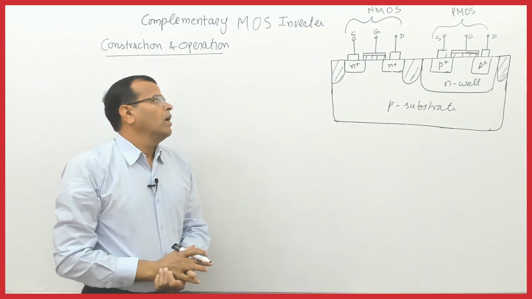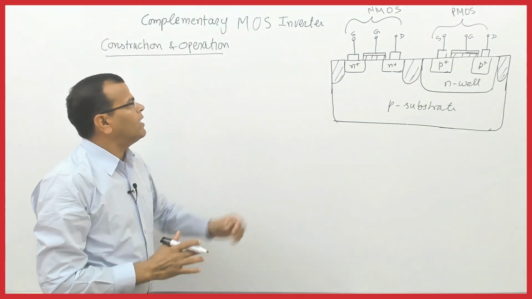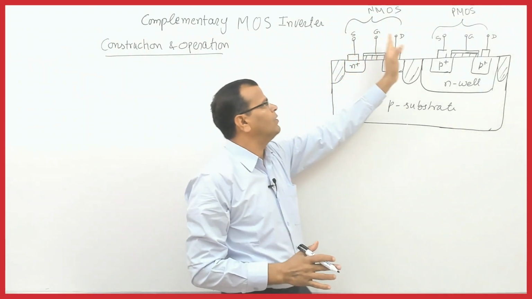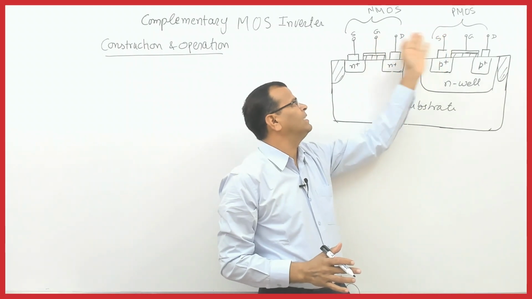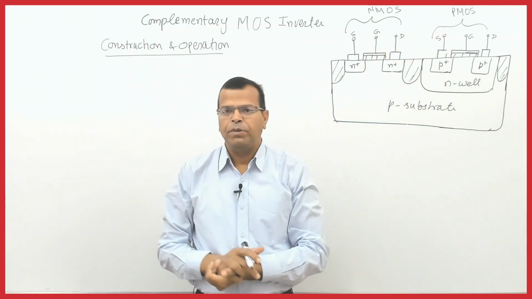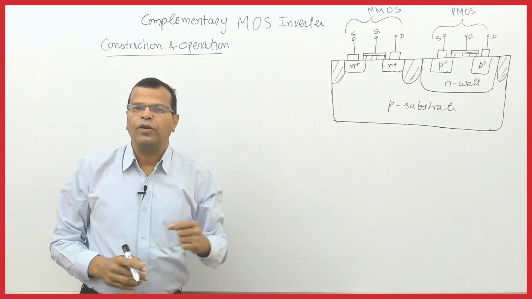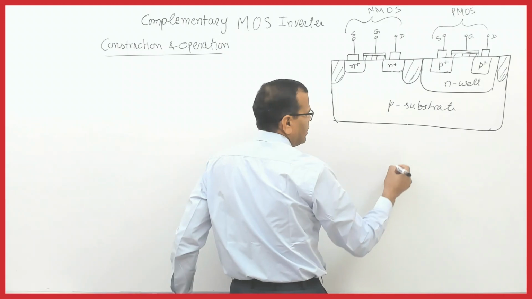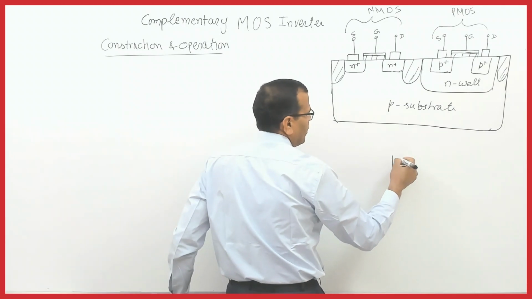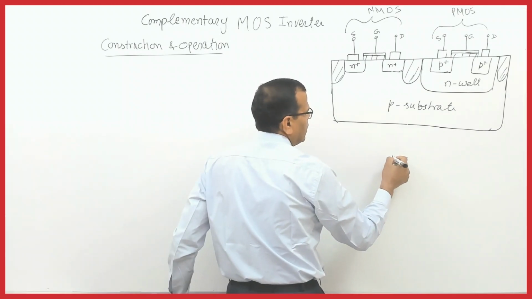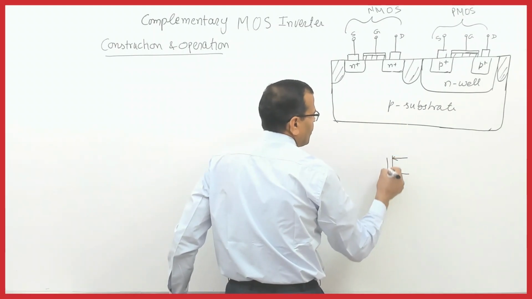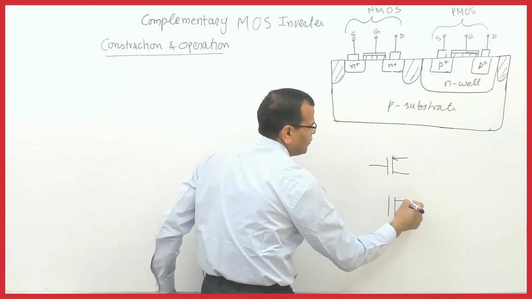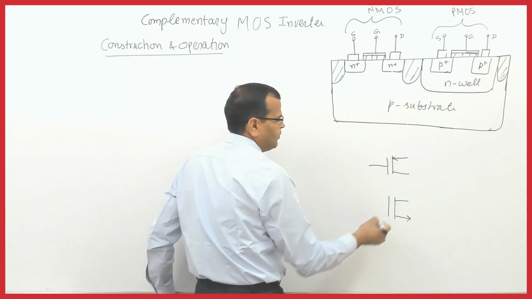So we can make the connections of the CMOS inverter on the basis of the connections of these terminals of NMOS and PMOS. Let us see the connections of the CMOS inverter circuit. Let us draw the devices one by one. This is the PMOS and this is the NMOS.